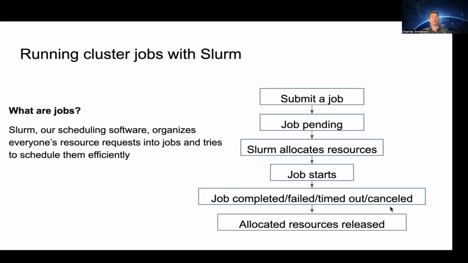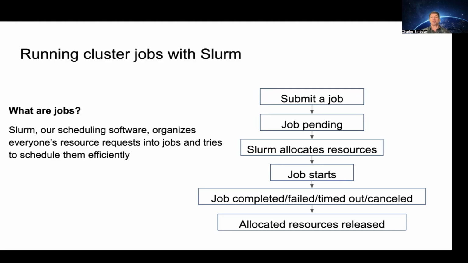So what is Slurm? Slurm is scheduling software that broadly allows our cluster to equitably share resources amongst the many users who are doing research on it. The process by which Slurm operates is that you submit a job request to Slurm.